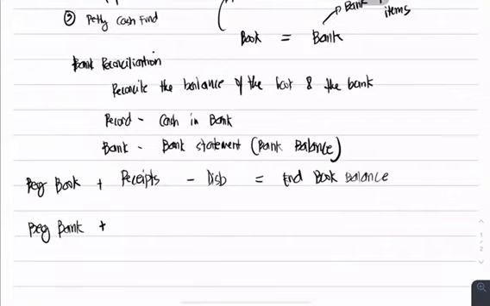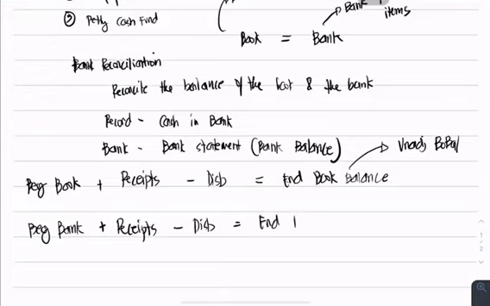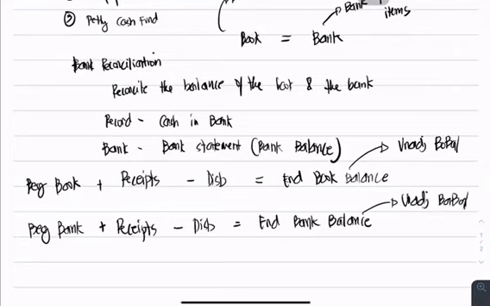This ending book balance normally is known as your unadjusted book balance. For the bank, it's still beginning bank plus receipts less disbursement, which will give us your ending bank balance. This ending bank balance is known as your unadjusted bank balance.